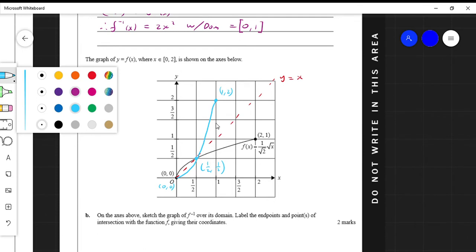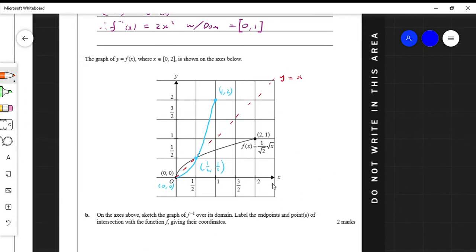I'm going to draw in a line here, x equals 1. Okay, so we've got to find this region, and we've got to find this region. So let's do them separately, and we can add them together.